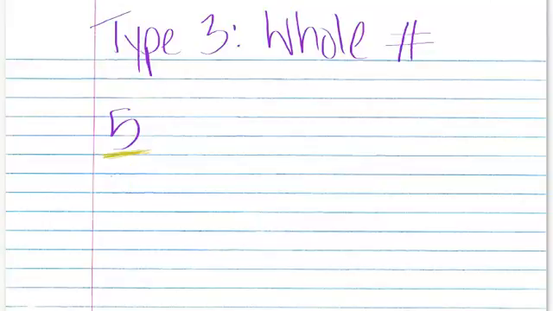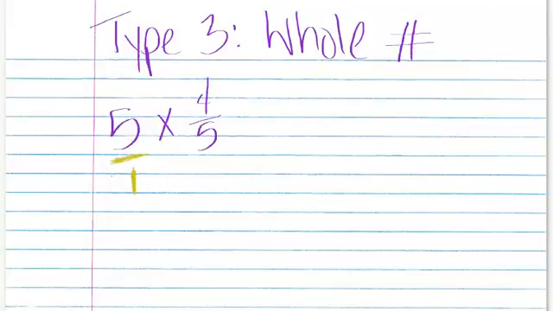So if I were to back up, and I have 5 times 4/5. Okay? I can't multiply 5 times 4/5 without putting my invisible 1 underneath it. I'm going to put my invisible 1.